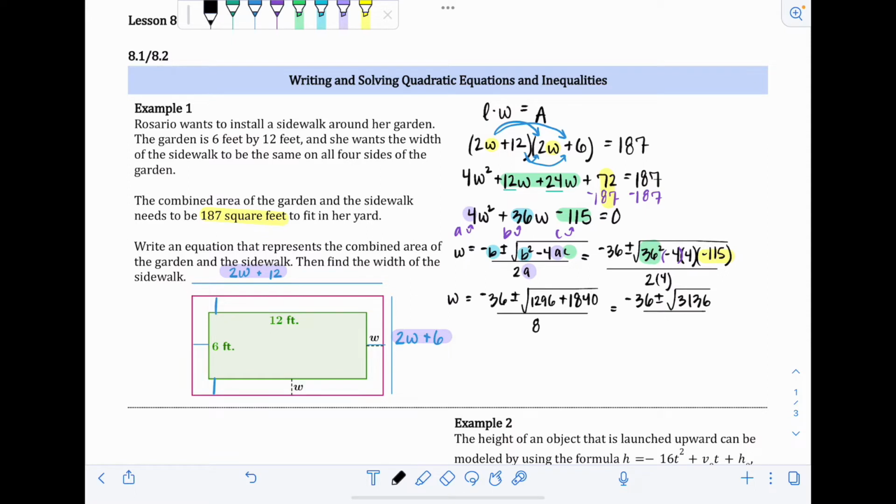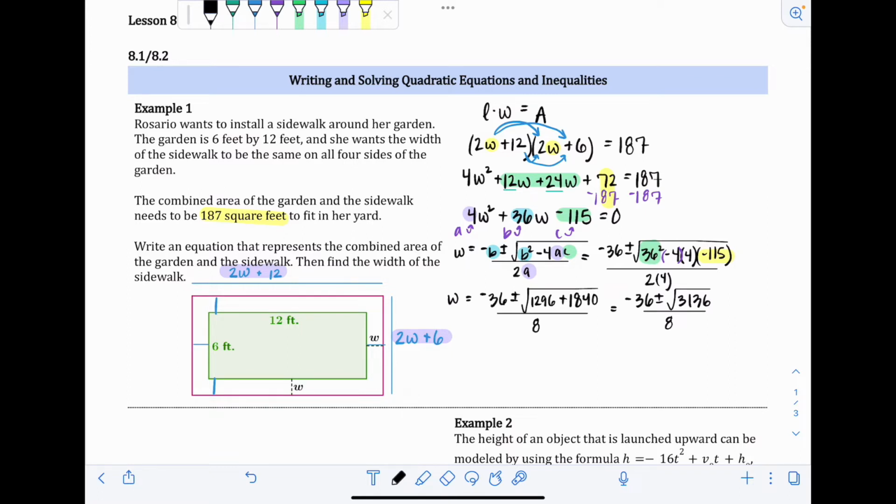3,136 over 8. And then sometimes, when you're using the quadratic formula, you stop and then you simplify the radical. Usually when you're dealing with word problems, you want your answers to be in the simplest terms possible. So what that means is instead of simplifying the radical and having the radical still in your final answer, we'll just go ahead and get a decimal approximation for it.